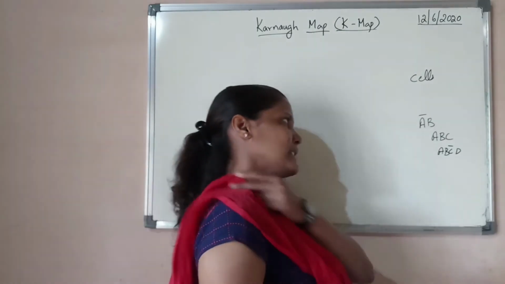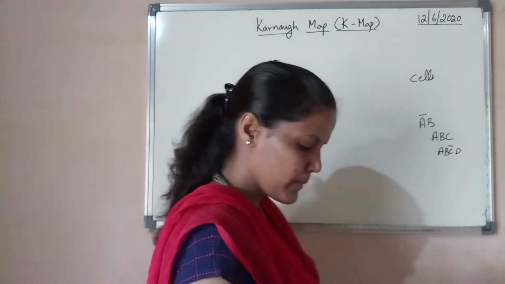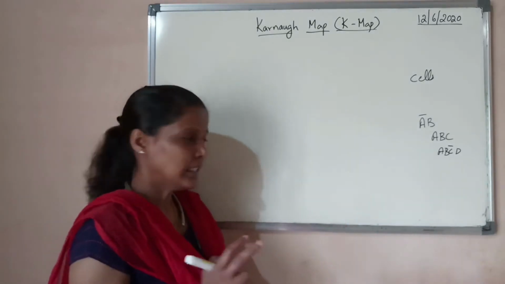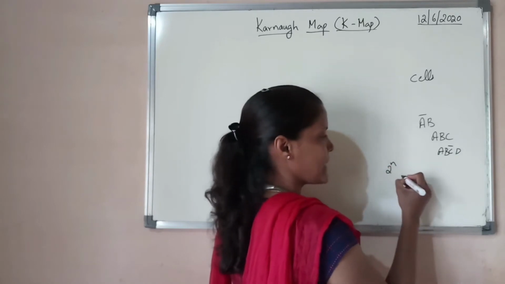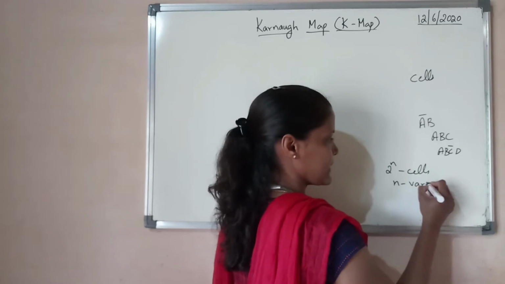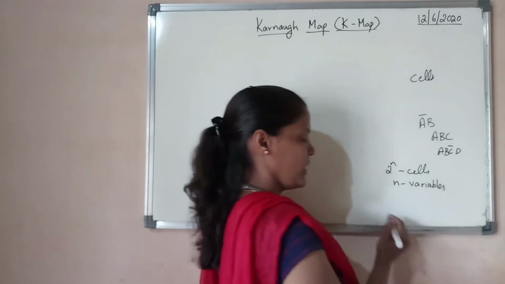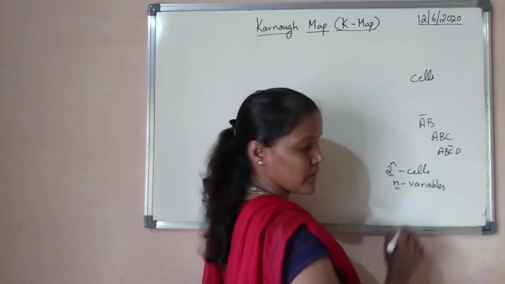So what are these cells and how are we going to write them? The K-map will be having 2 to the power of n cells for n variables. So if I am having n variables, the number of cells will be 2 to the power of n.